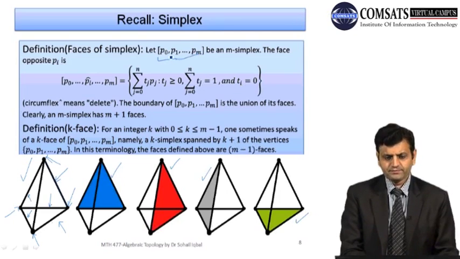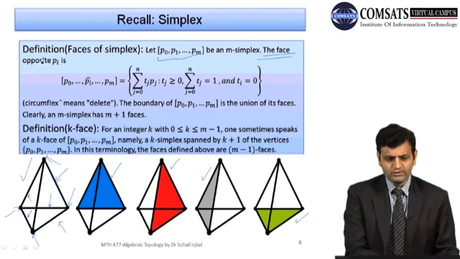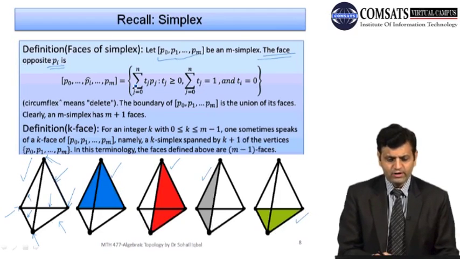We have this set of points P0 up to Pn, and this set of points is an n simplex. What will be the points of the face of this simplex, the face opposite to Pi? Let's say these are the points P0, P1, P2, P3.